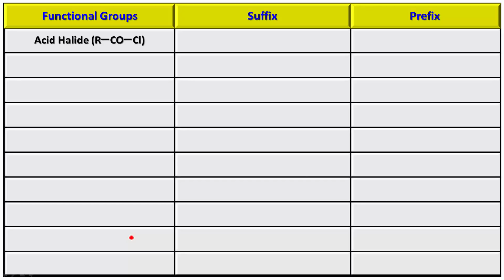Alkanoyl halide. And if it is in a ring, we used to call it carbonyl halide. So alkanoyl halide or carbonyl halide, if it is a ring, and as a prefix we call it halocarbonyl.